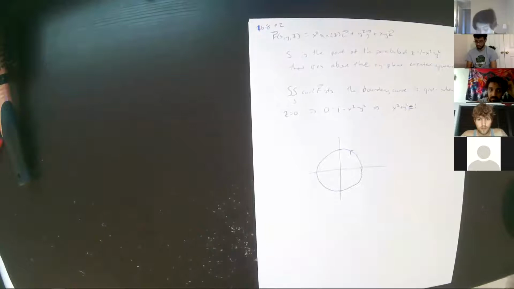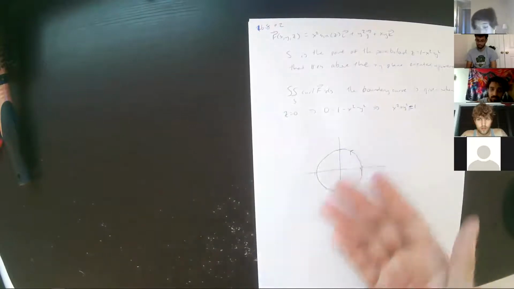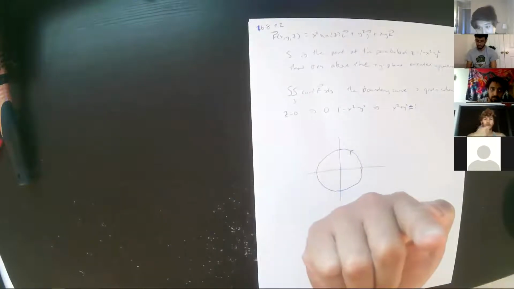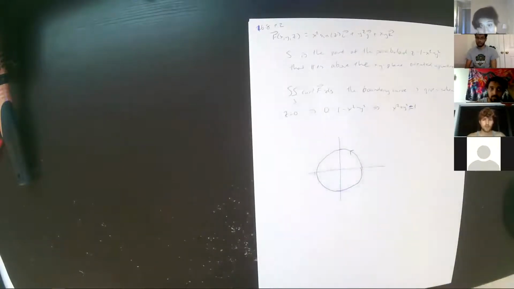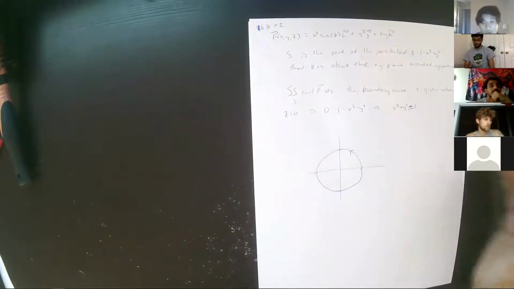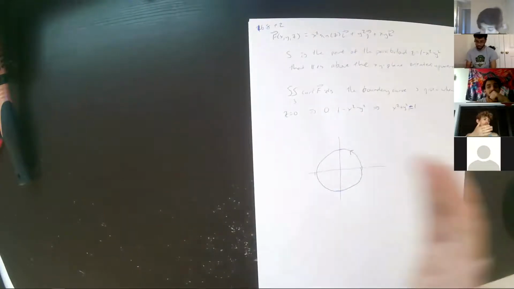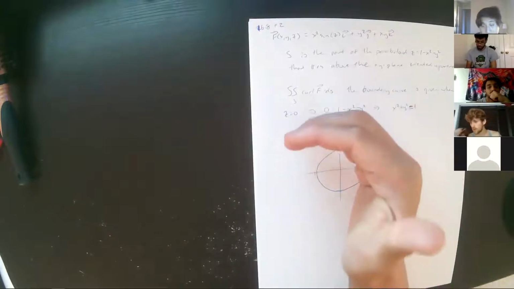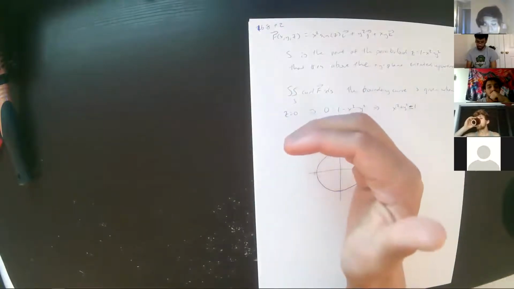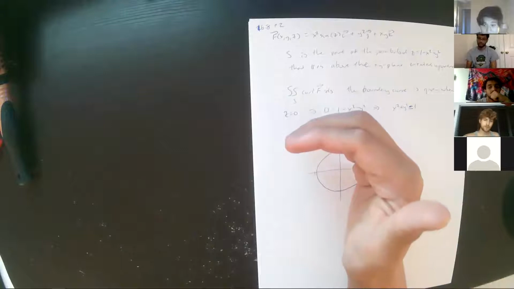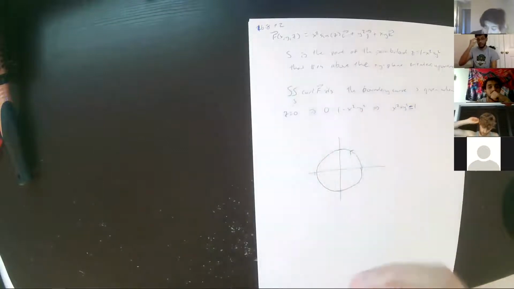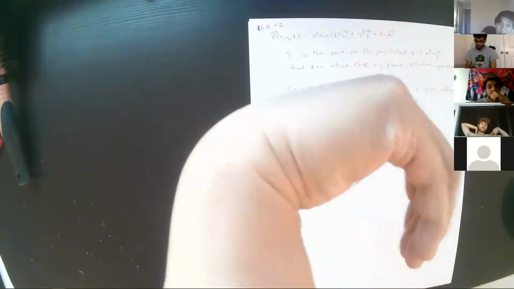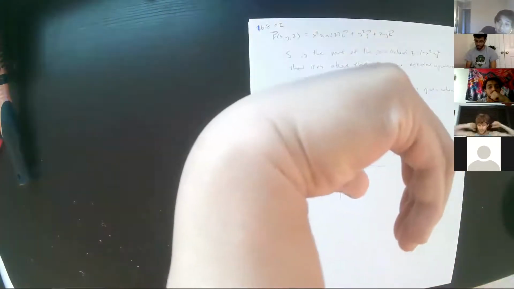The way you determine that is the orientation of the surface is going upwards, right? So we're going to use our right-hand rule. If our curve is going this way, our thumb points up, which matches the orientation of the surface. If we were going the other way, our thumb would point down, which does not match the orientation of the surface.